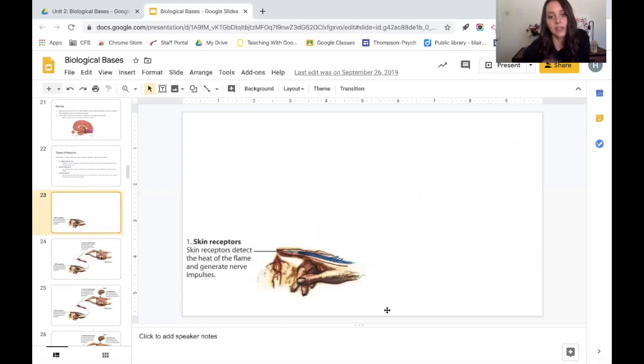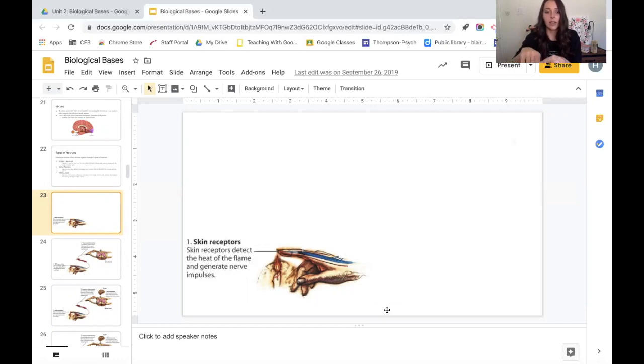So let's say that you are putting your finger over a candle, not in the flame, but over the flame, and it starts to get hot. Well, those sensory neurons are going to take the idea of, oh, my finger is heating up. I feel that. That's your touch sensory, right?